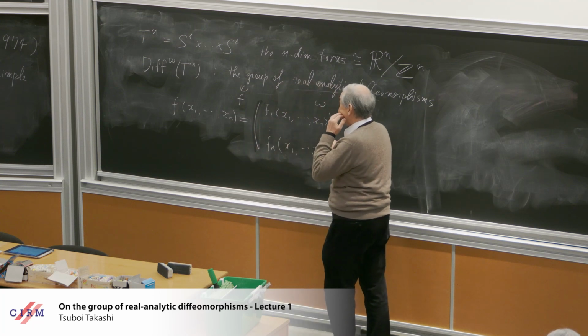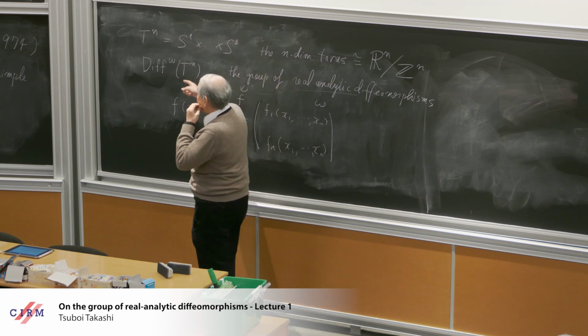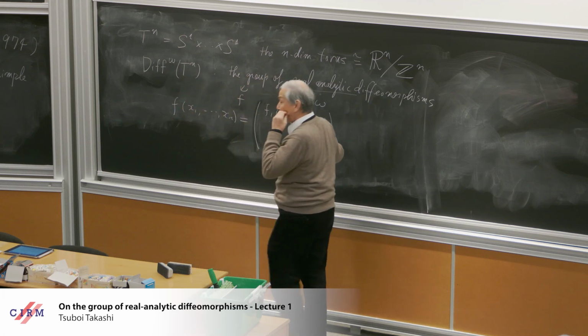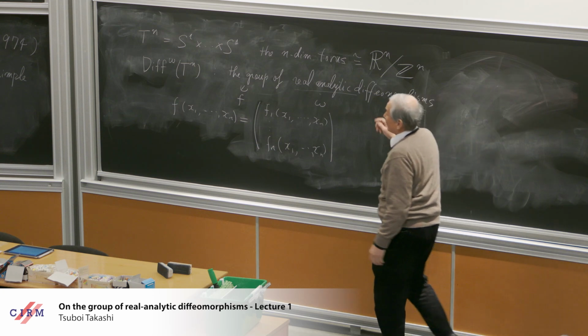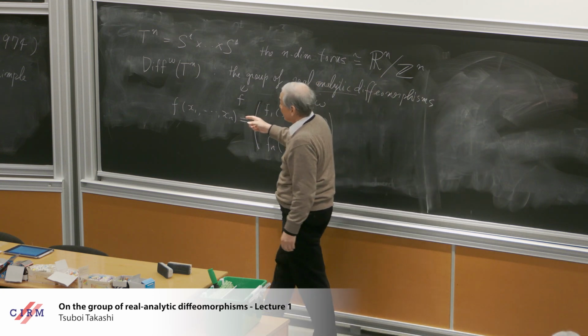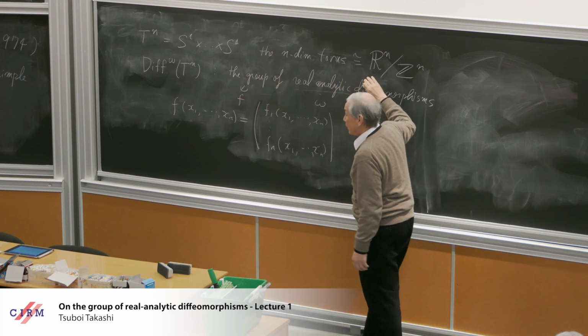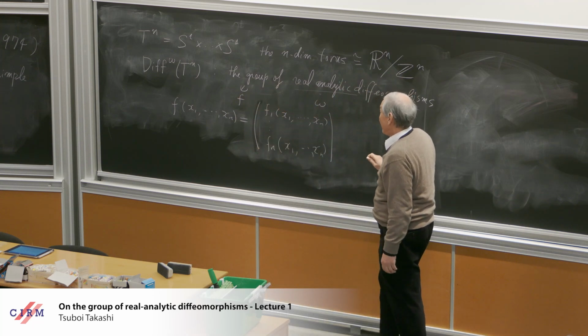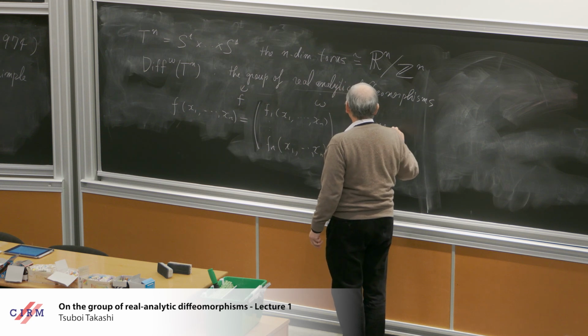And all these are functions from T^n to the reals, modulo Z. So you can think of the lift of the map, which is coming from R^n to itself. And these Fi are real-analytic.